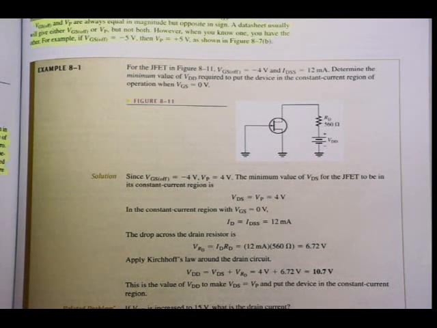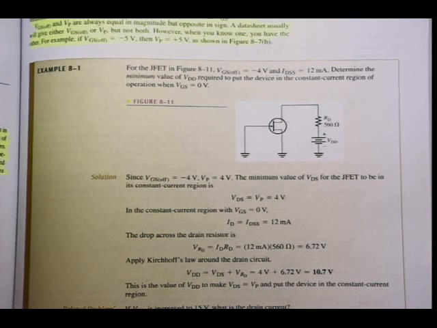Then the drop across the drain resistor, Ohm's law, VRD is ID times RD, 6.72 volts, and then Kirchhoff's law, it always boils down to Ohm's law and Kirchhoff's law. VDD is equal to the volt drop VDS and the volt drop over RD, 10.72 volts. So this is the value of VDD to make VDS equal to V pinch-off and put the device in the constant current region.